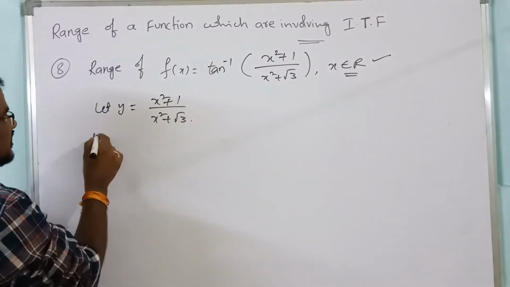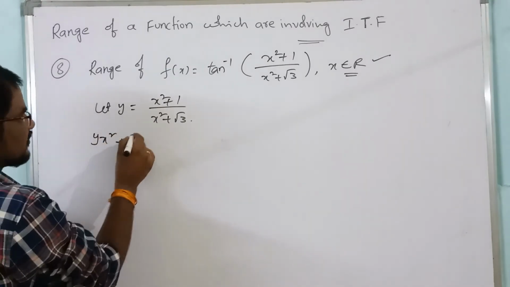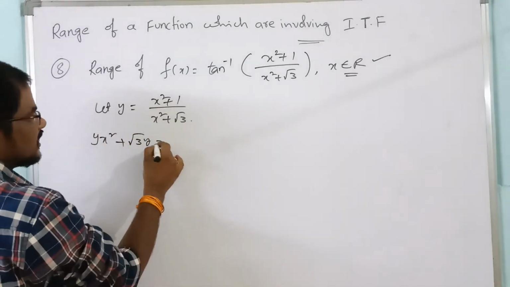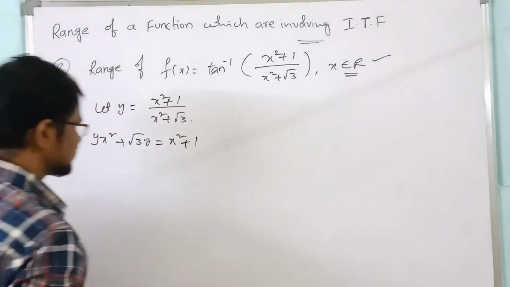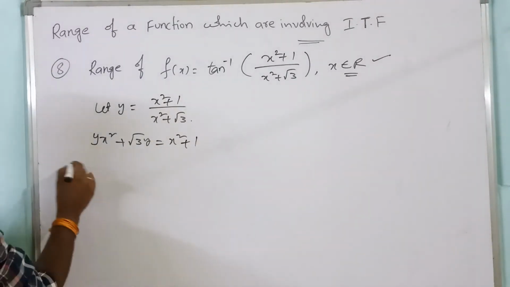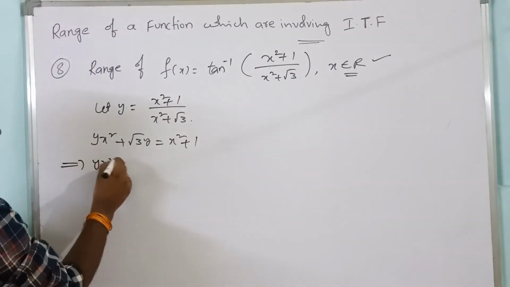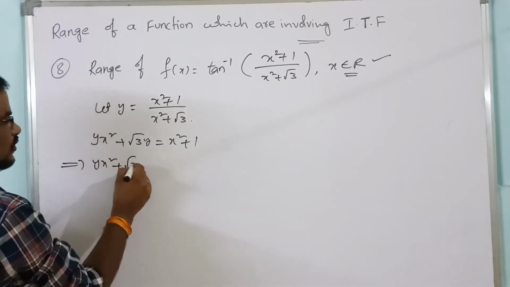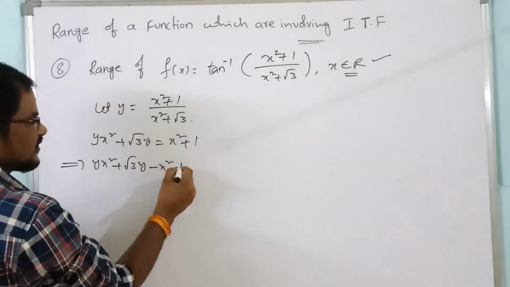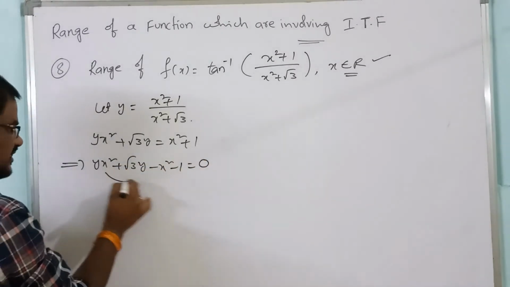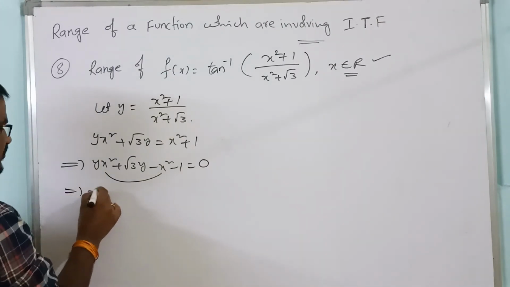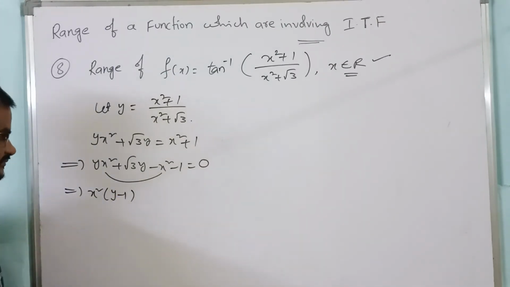Now cross multiplication: y x square plus root 3 y equal to x square plus 1. Take this side, that implies y x square plus root 3 y minus x square minus 1 equal to 0. In these two, x square common, y minus 1.